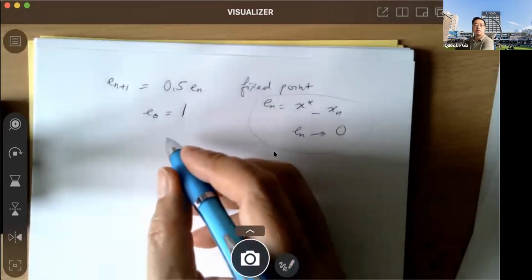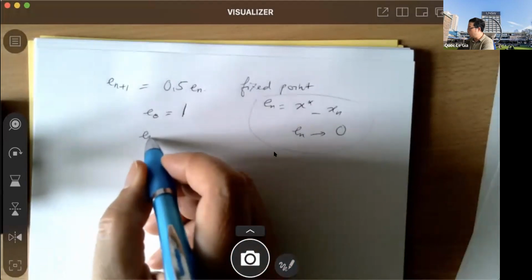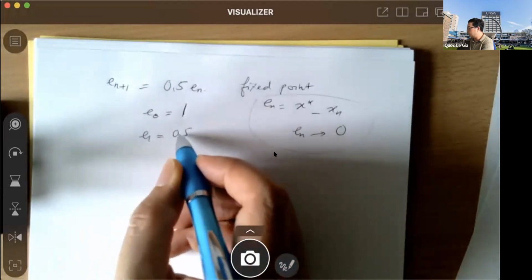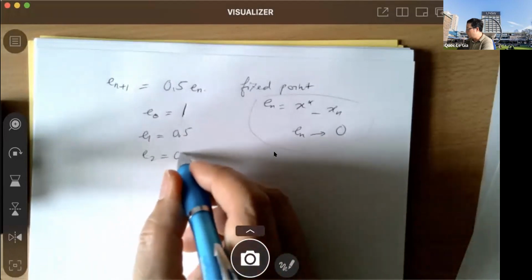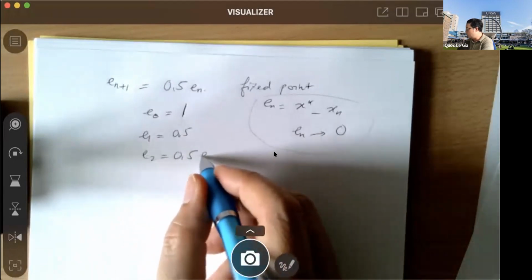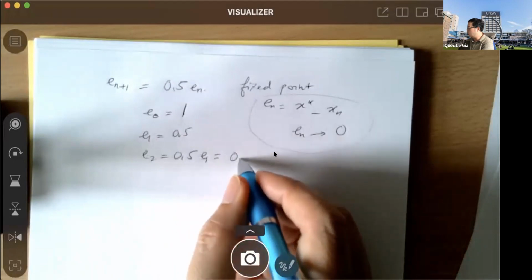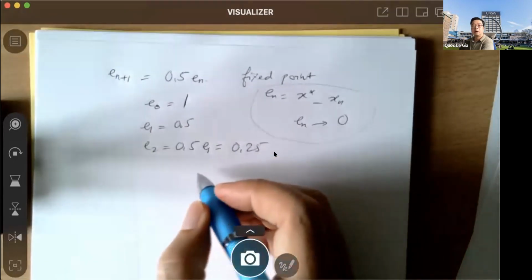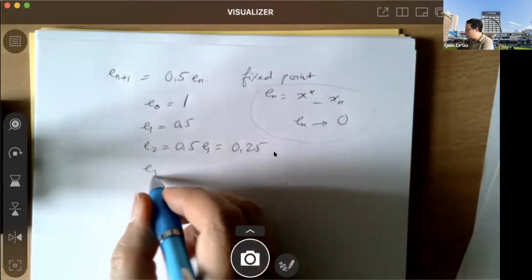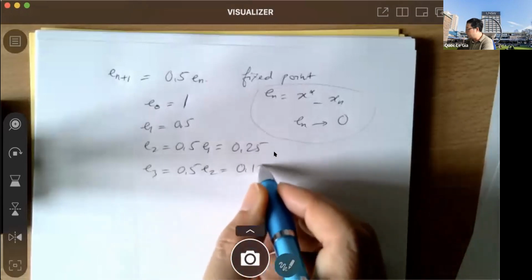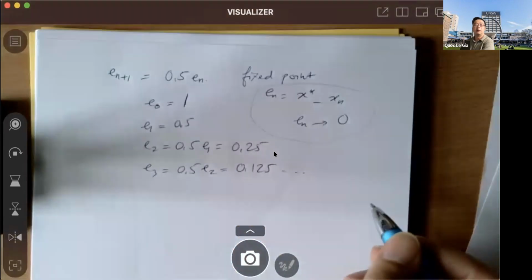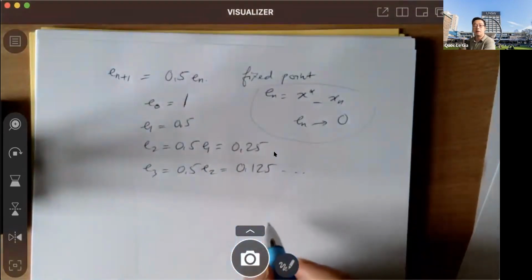Then e_1 will equal 0.5, and e_2 will be 0.5 times e_1, which is 0.25. And then e_3 is 0.5 of e_2, which is 0.125, and so on. You see that every time the error just gets halved.